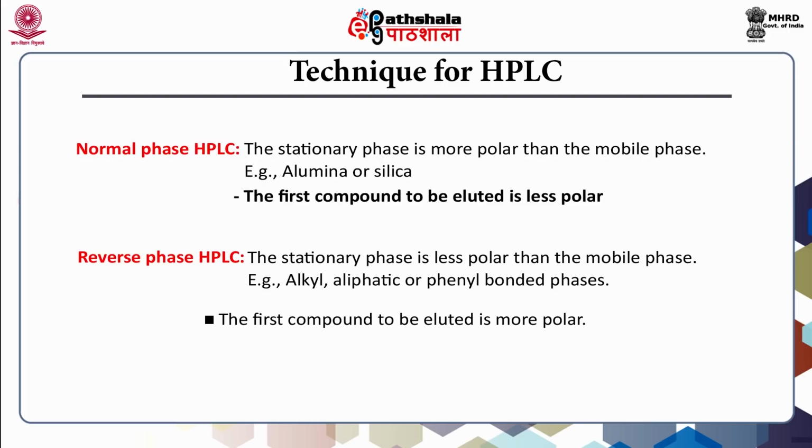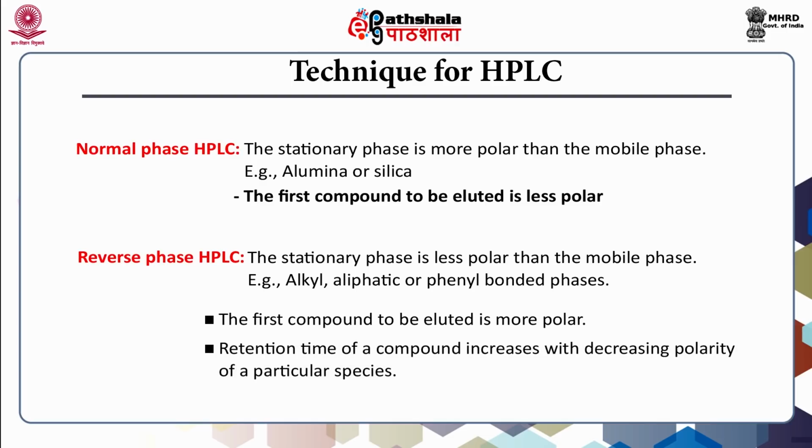So, what are the stationary phases that have less polarity than the mobile phase? Examples are alkyl or aliphatic or phenyl bonded phases. They have less polarity than the mobile phase. So, in the reverse phase HPLC, the first compound to be eluted is more polar, and the retention time for a compound increases with decreasing polarity of a particular species.